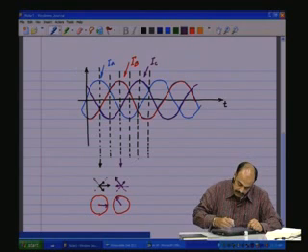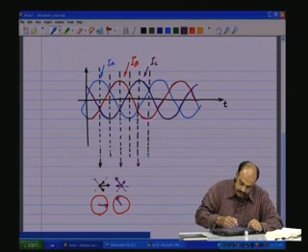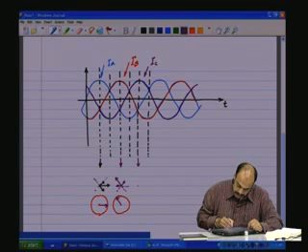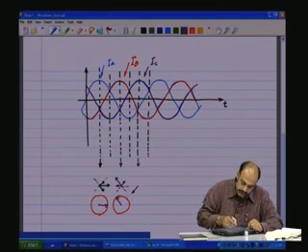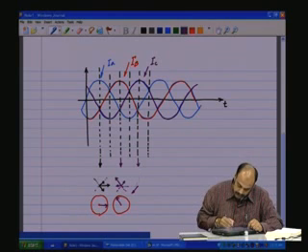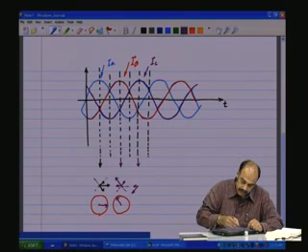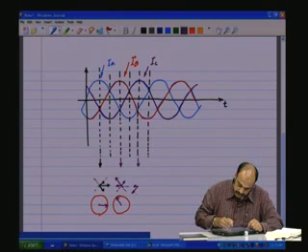And then if we take a point here, now you will see that IC is maximum positive, IA is negative half, and IB is negative half.